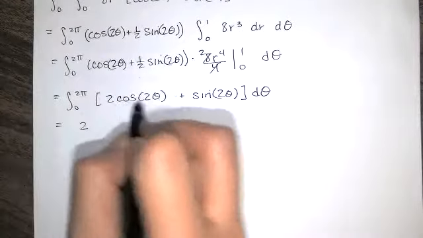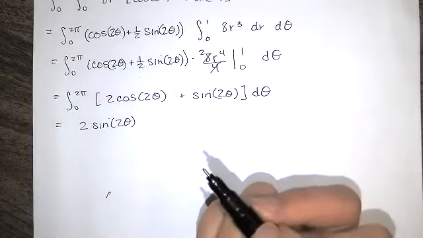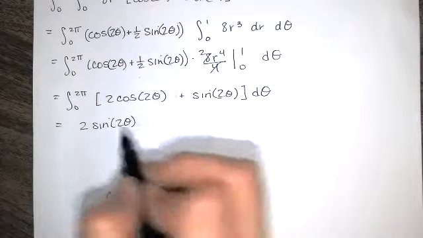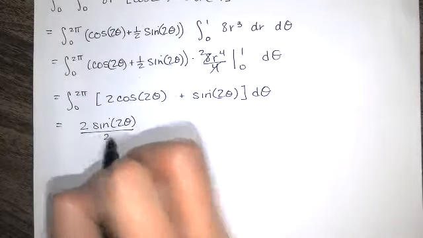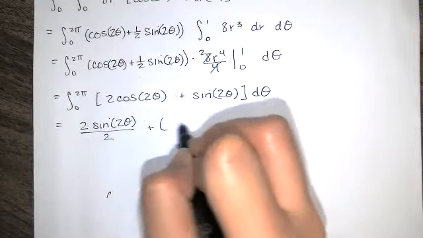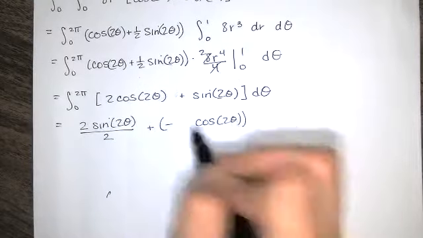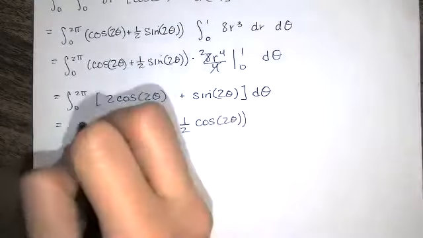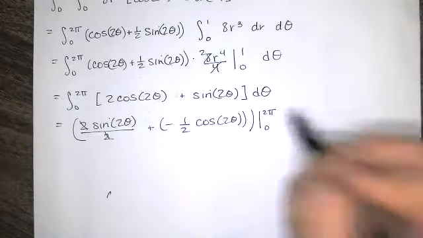Bring the 2 down. The antiderivative of cosine of 2 theta is sine of 2 theta, evaluated at the same angle. Since there's a number inside multiplying our theta, we divide by that number. Antiderivative of sine is negative cosine. Since I've got a coefficient there, I have to divide by that coefficient. These 2's reduce. Evaluate this from 0 to 2 pi.